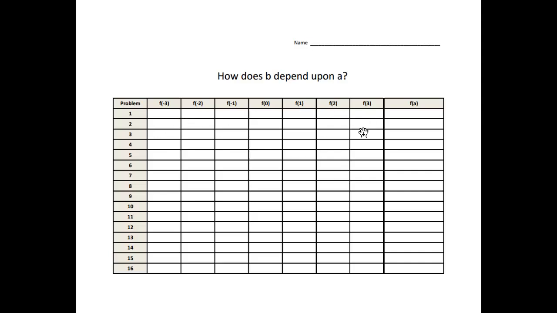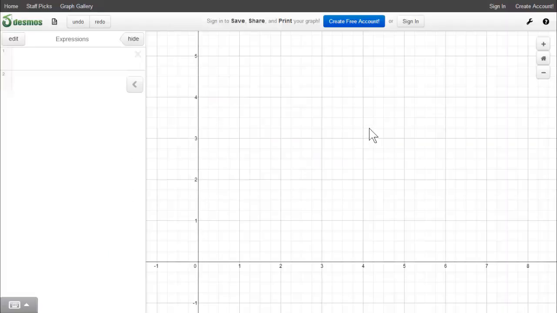And then for students who still need additional help, I suggest using graph paper and pencil to actually graph the inputs and outputs on a coordinate plane, or I prefer using an online graphing calculator software called Desmos. What students can do with this is just type in the input-output pairs.